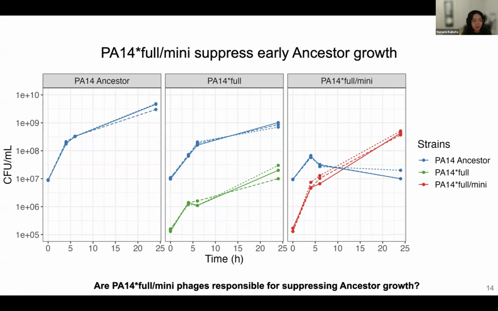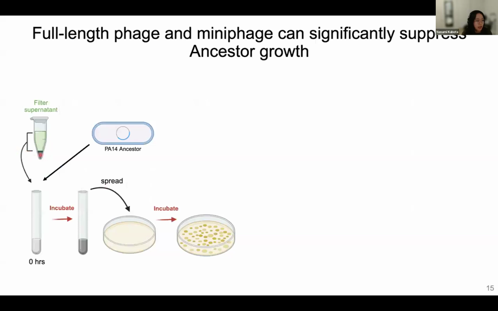So then my next question was, is it the bacteria that's responsible for this pattern that we see here, or is it the phage responsible for this suppression? So to do so, I filtered out the bacteria, so we're just left with supernatant, which should contain our phages, cultured that with our ancestor and did growth curves again.